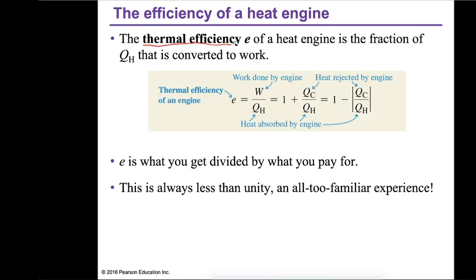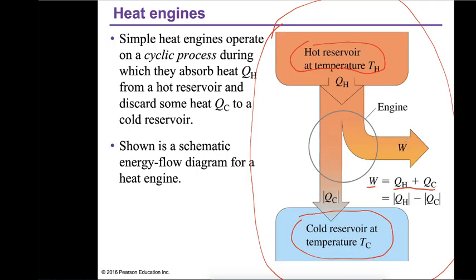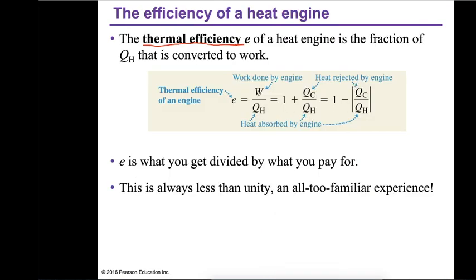The thermal efficiency E of a heat engine is the fraction of QH that is converted to work. So E equals W over QH. So this is W, this is your QH. And W over QH equals, because W equals, do you remember? QH plus QC. So it equals QH plus QC over QH, which is 1 plus QC over QH.